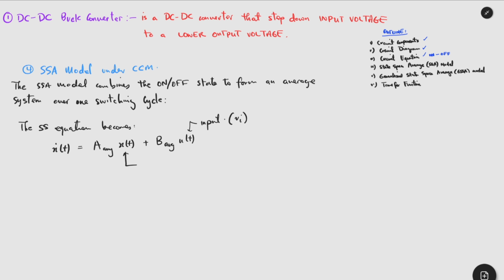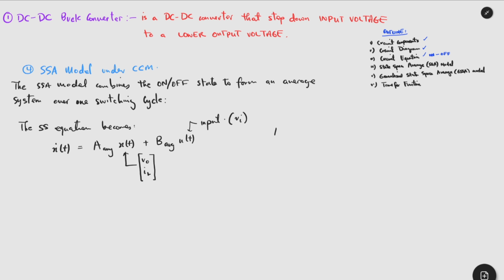And how about x t? x t we defined previously, which is the state variables, V naught and IL.